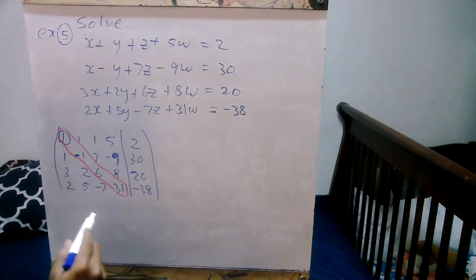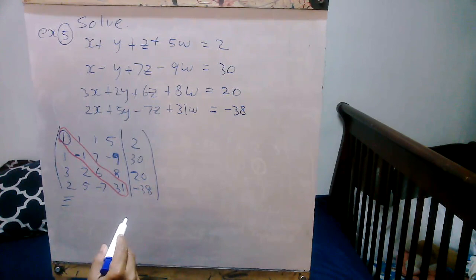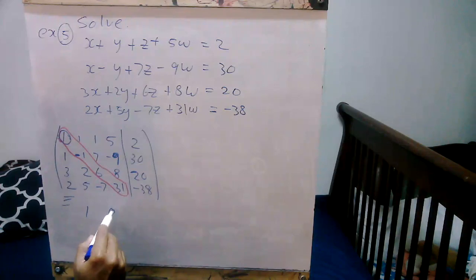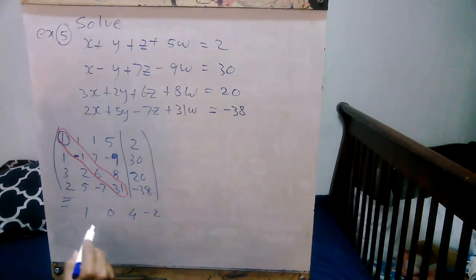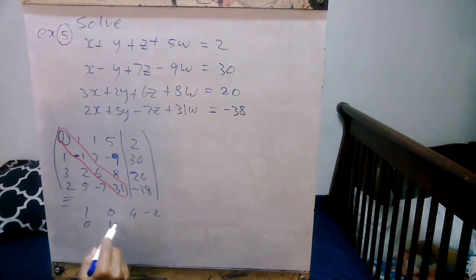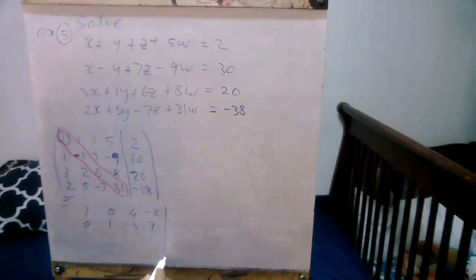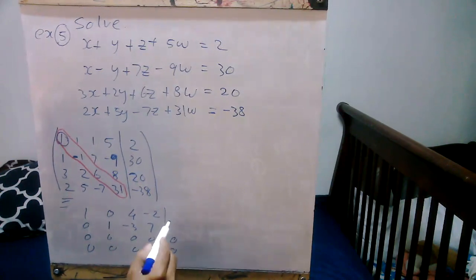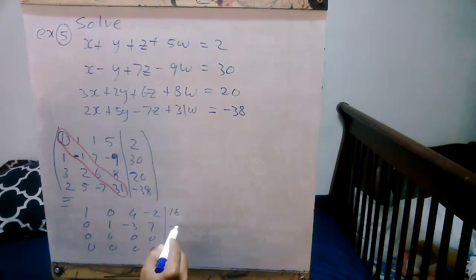I write the final augmented matrix, we get 1 0 4 negative 2, 0 1 negative 3 7, all these 0, and this side 16 negative 48.